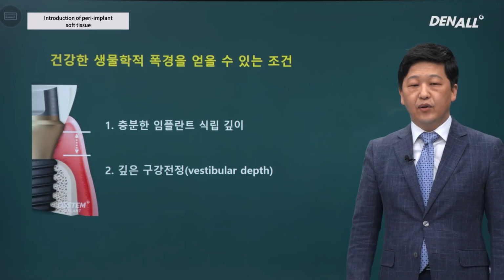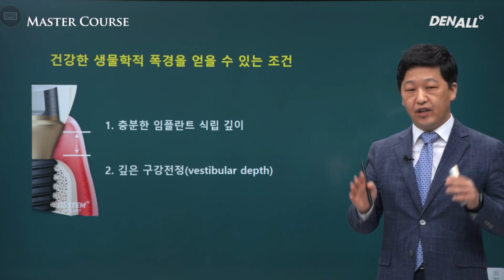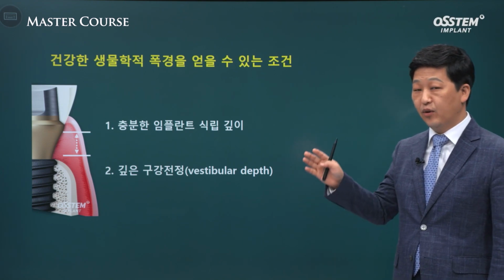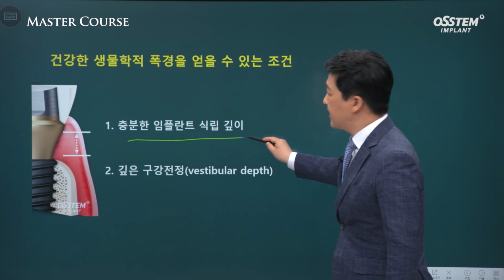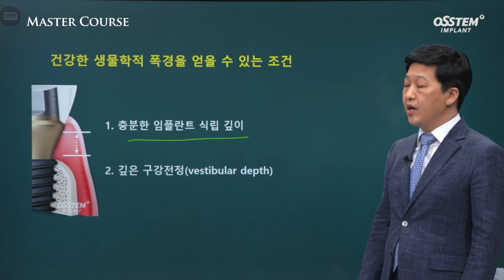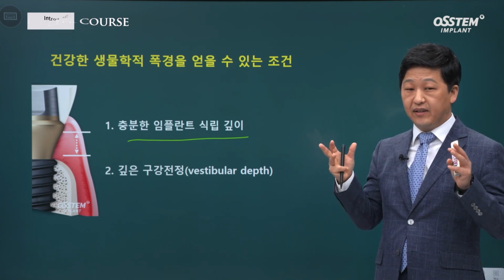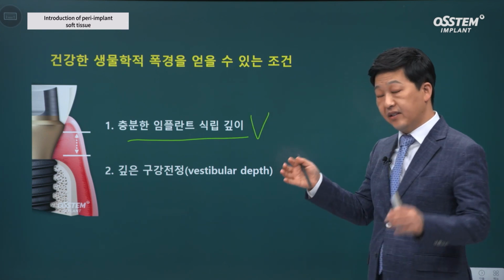Last but not least, finally, how to secure peri-implant tissue. There are two conditions. I would like to end off on this note. First, you need to place the implant sufficiently deep. You should not place it excessively deep. The most important is to use one guide or guided surgery to place the implant in ideal position.